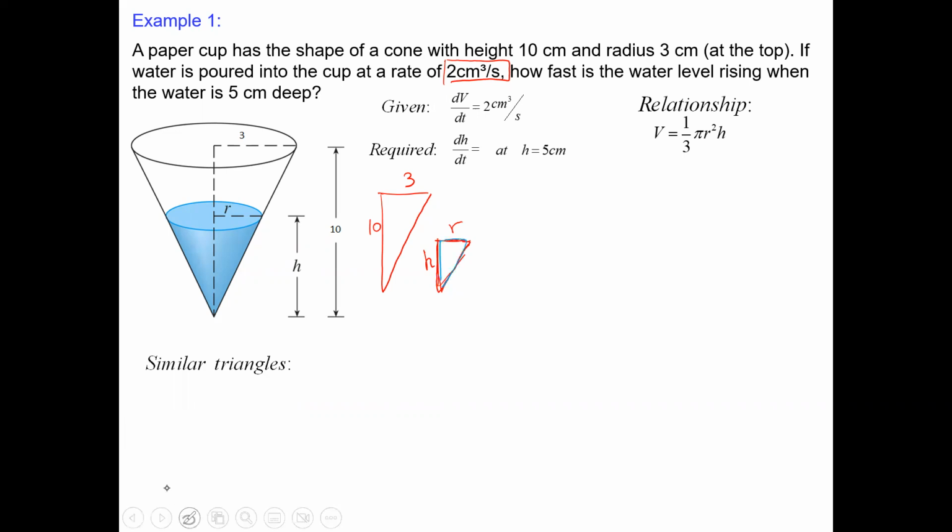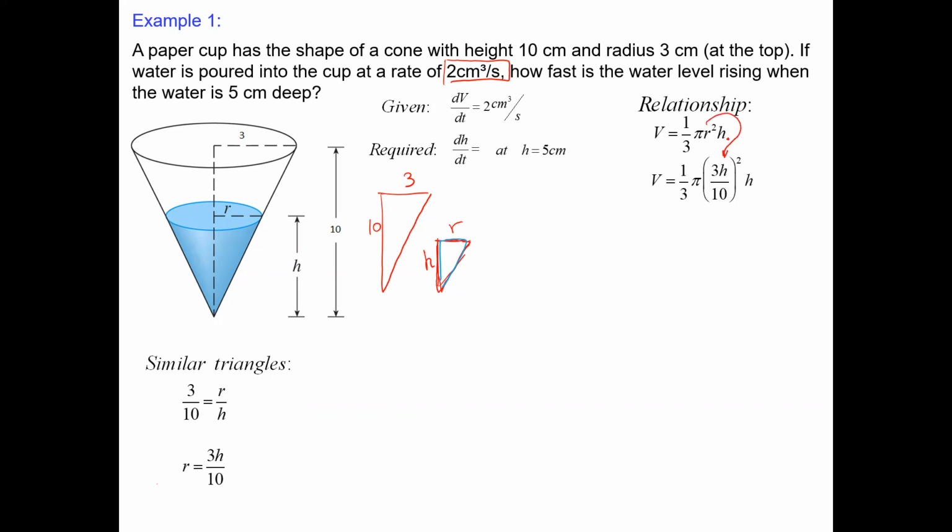I will put blue because it's the blue one. Let's get radius over height, radius over height. 3/10 equals r over h. Let's cross multiply and solve for r. And let's take this formula and substitute it into the relation.